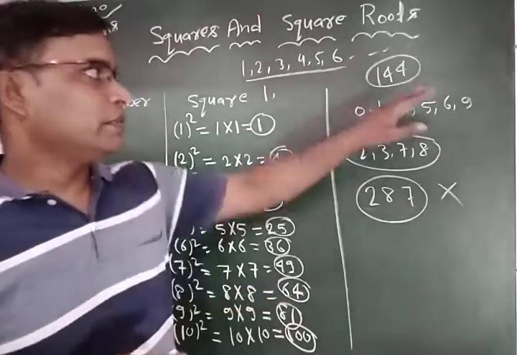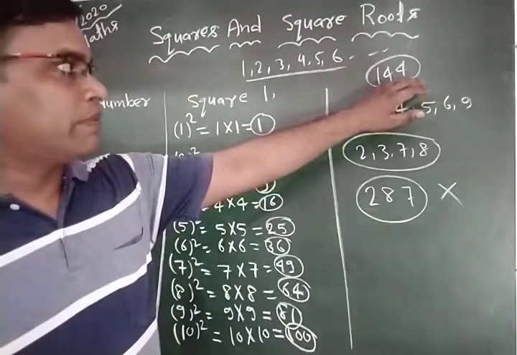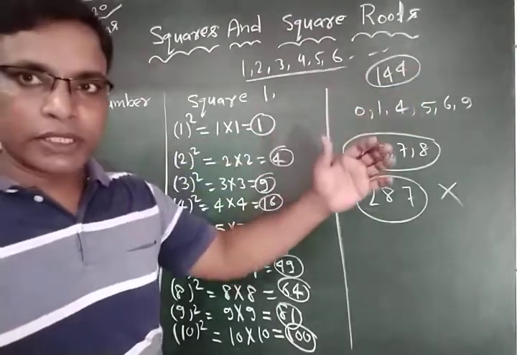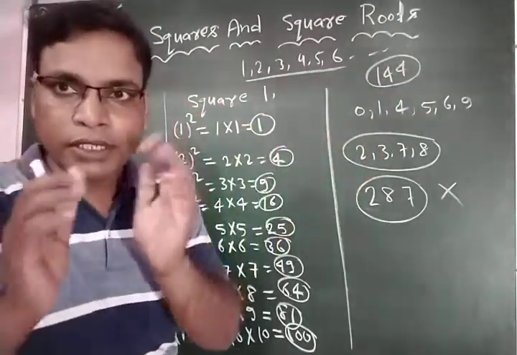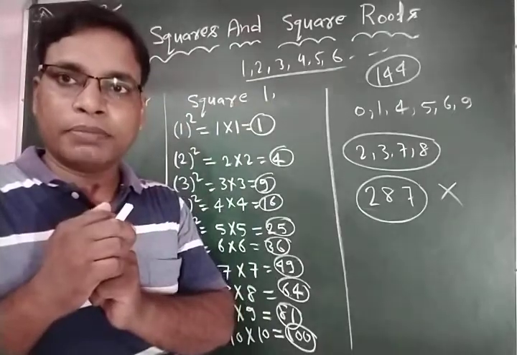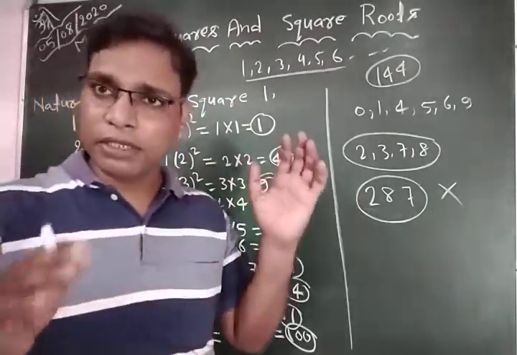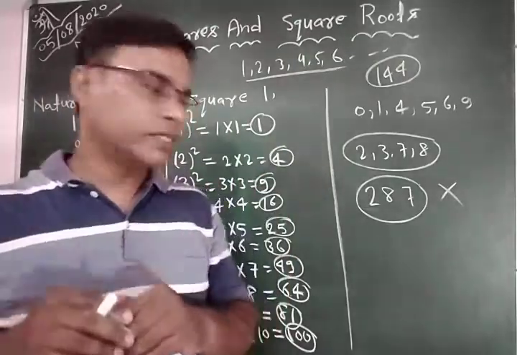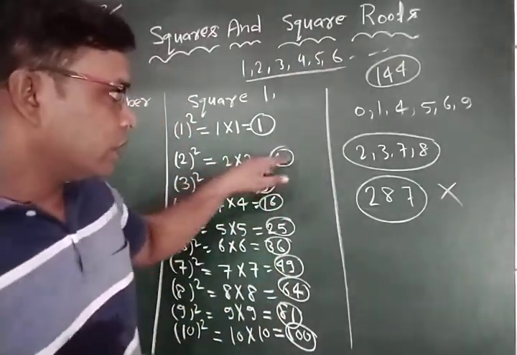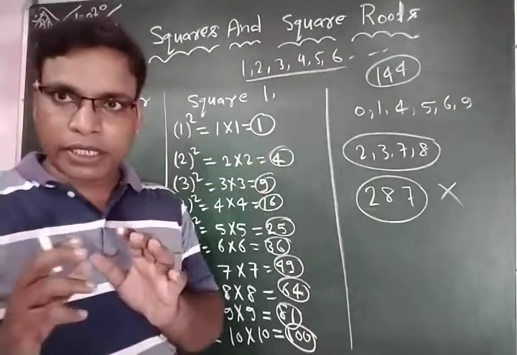Suppose this is 44, is this a perfect square or not? If you are able to express it as a pair of equal prime factors, then you can say the given number is a perfect square. Here, is 4 a perfect square or not?